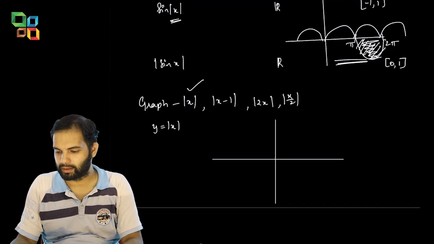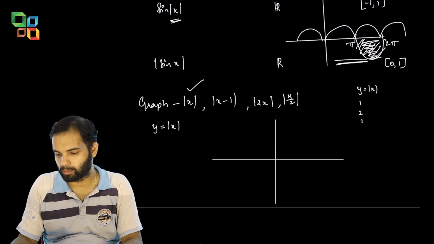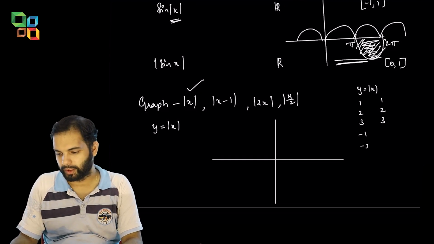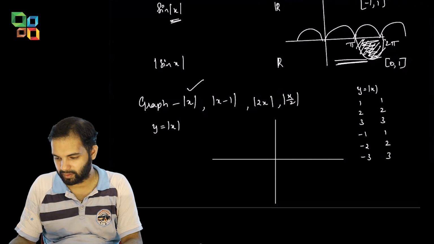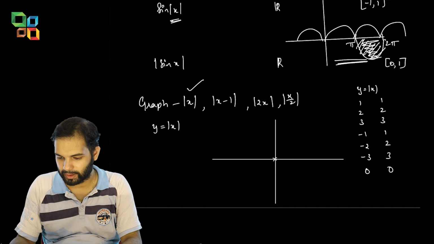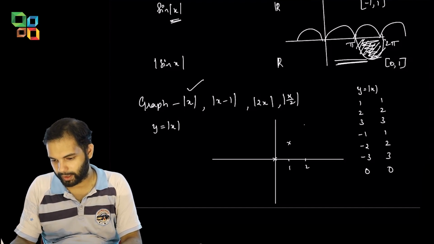y equal to mod x. Some examples? What are the points you want to plot? 1, 2, 3. y is again 1, 2, 3, correct? And -1, -2, -3. y is 1, 2, 3. At 0, we'll always take 0. So 0 is one point. When x is 1, y is 1. When x is 2, y is 2.